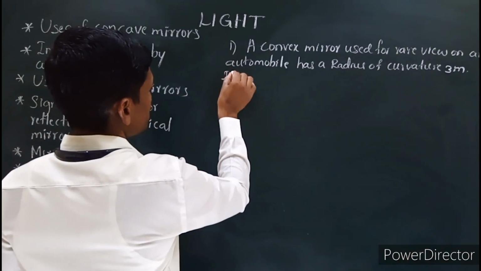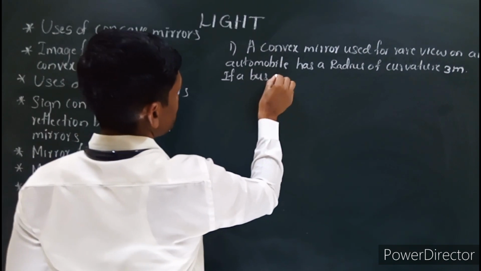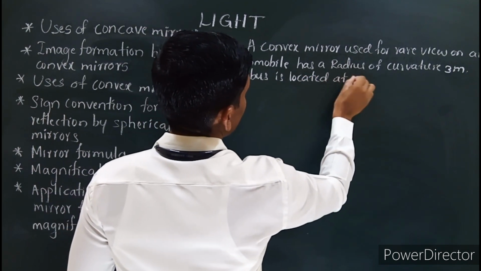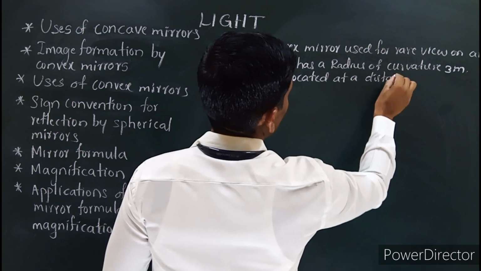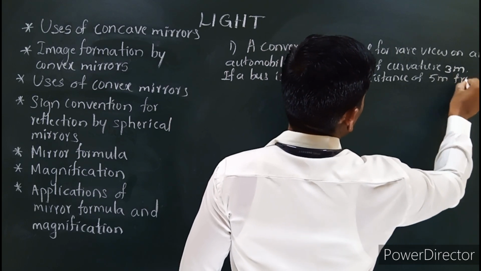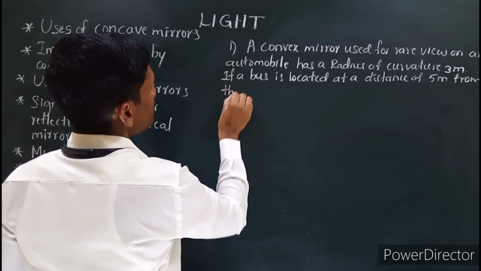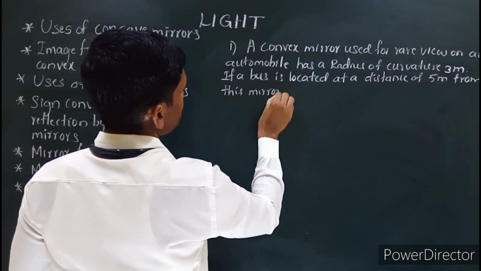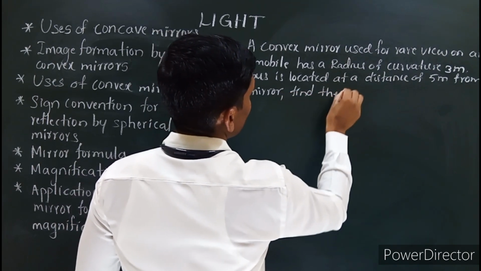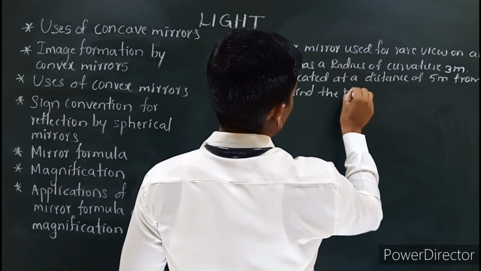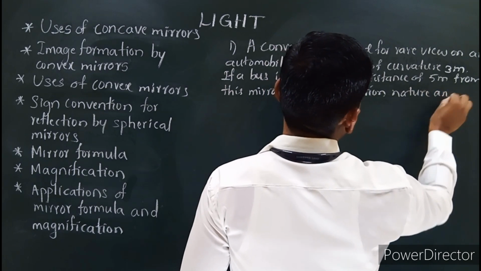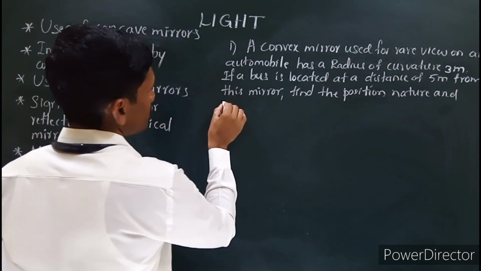If a bus is located at a distance of 5 meter from this mirror, find the position, nature and size of the image.